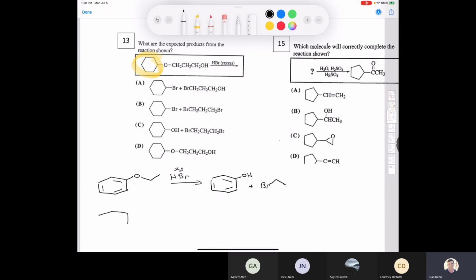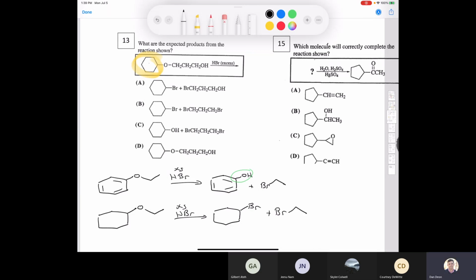But that only occurs, the only time the hydroxyl stays intact is when it's on an aromatic ring. So if you try the same thing with cyclohexyl or ethoxycyclohexane, excess HBr is going to convert both of those into alkyl halides.